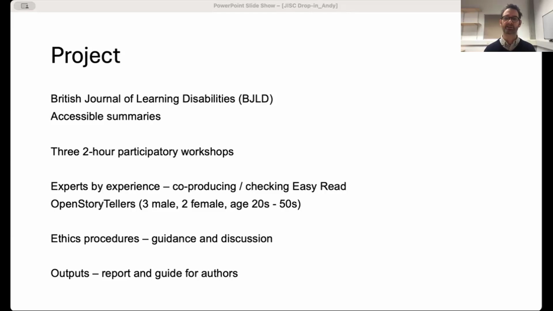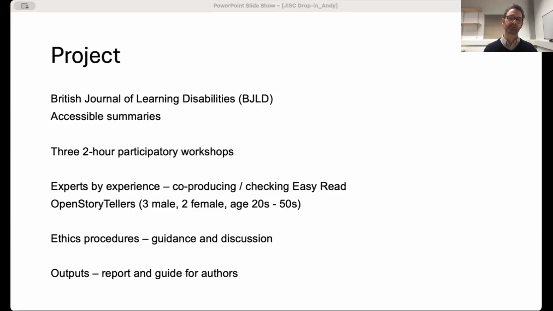And we were asked by the journal editor to explore how generative AI, I'll use the shortened term Gen AI, if that's okay with everyone from now on, can potentially help authors who are submitting articles to draft these accessible summaries.